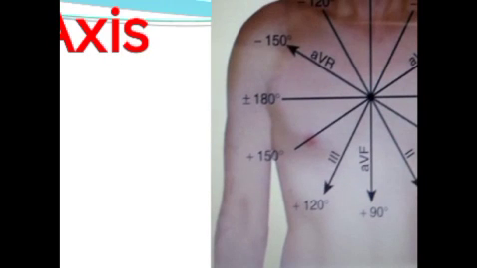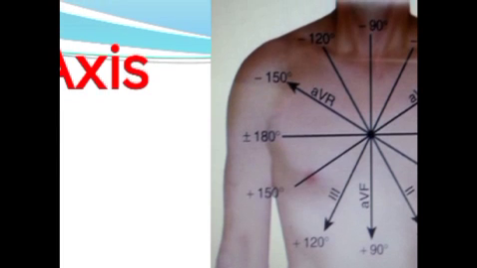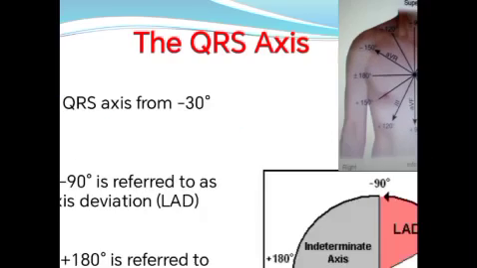I told you before, every lead lies at a special angle. AVR lies at minus 150, AVL lies at minus 30, lead 1 lies at 0, lead 2 at the positive 60 angle, and lead 3 at positive 120.